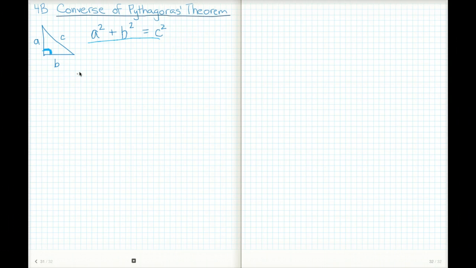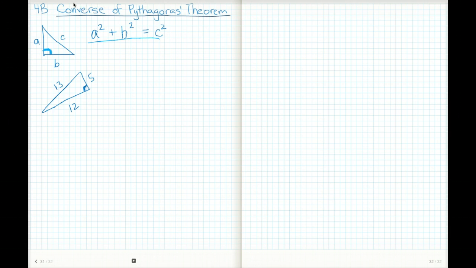If I have some triangle, let's just draw it like this, and this angle here, well, that kind of looks like it might be a right angle triangle, but I don't know for sure. If I measure the sides and get something like 5 here and 12 here and 13 here, I've measured them all, then I can check to see if this is a right angle by seeing if it fits Pythagoras' theorem.